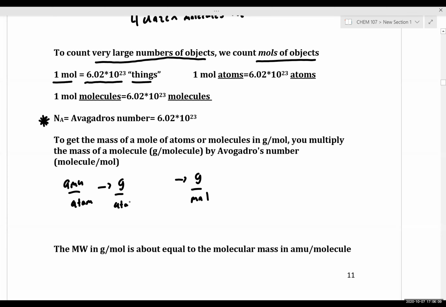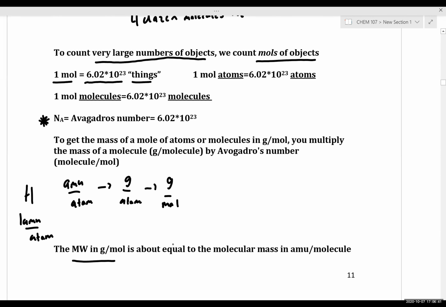So we can write this as gram per atom, and then finally gram per mole, just a 2-step conversion. Now, we're not too concerned with the mechanics behind this conversion. So for example, let's say we're looking at hydrogen, which is a mass of 1 AMU per atom. The point that I want you to take away from this next discussion is that we can show that the molar mass in gram per mole in the periodic table is about equal to the molar mass in AMU per molecule.